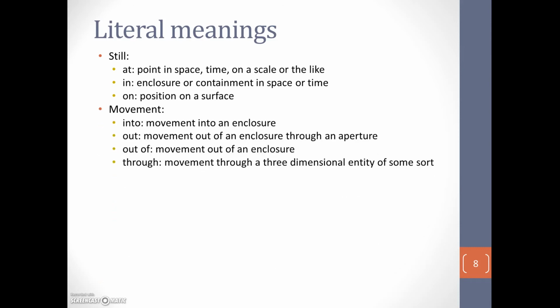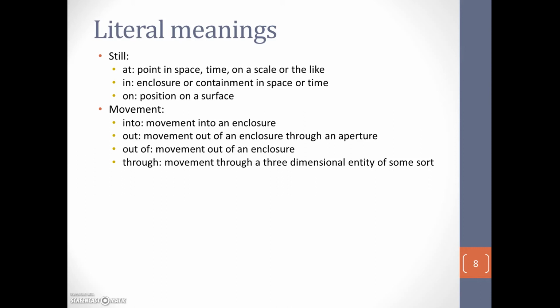Another way of looking at these prepositions that express a figure-ground relation is to look at movements. So some of the prepositions actually express that there is movement involved such that the figure moves along a path relative to the ground. Okay, so for instance, by using the preposition into, we're indicating that there is some sort of movement into an enclosure.